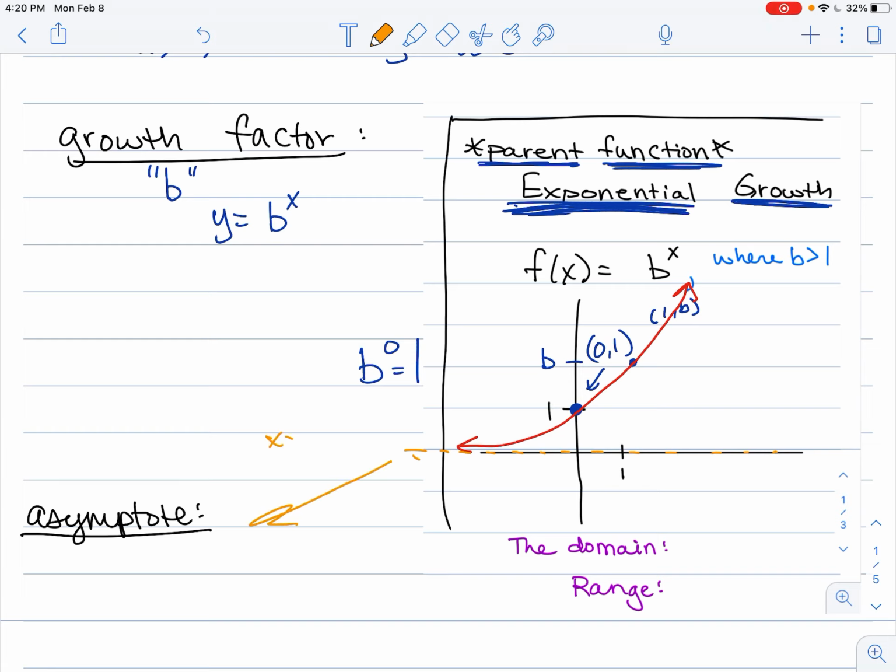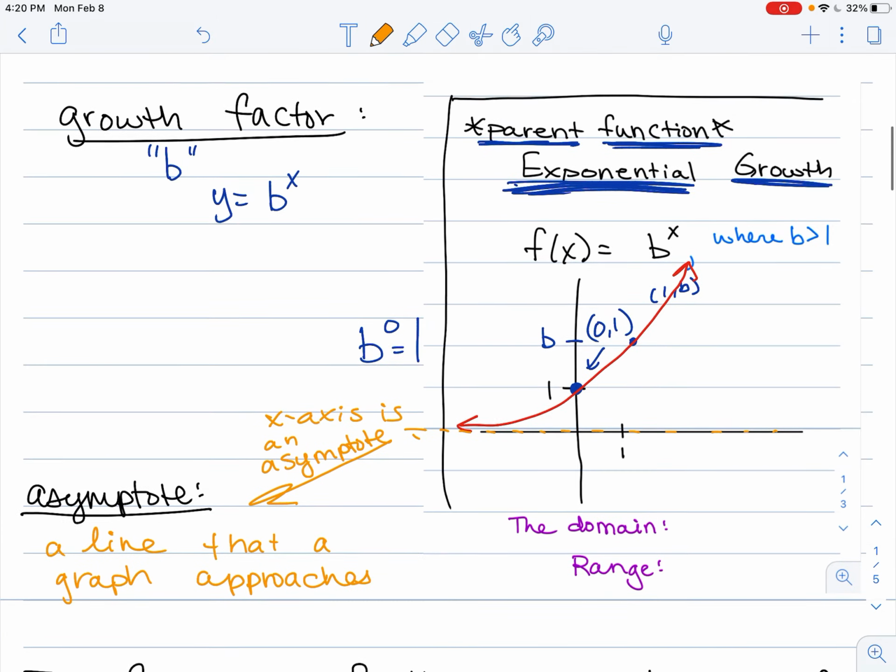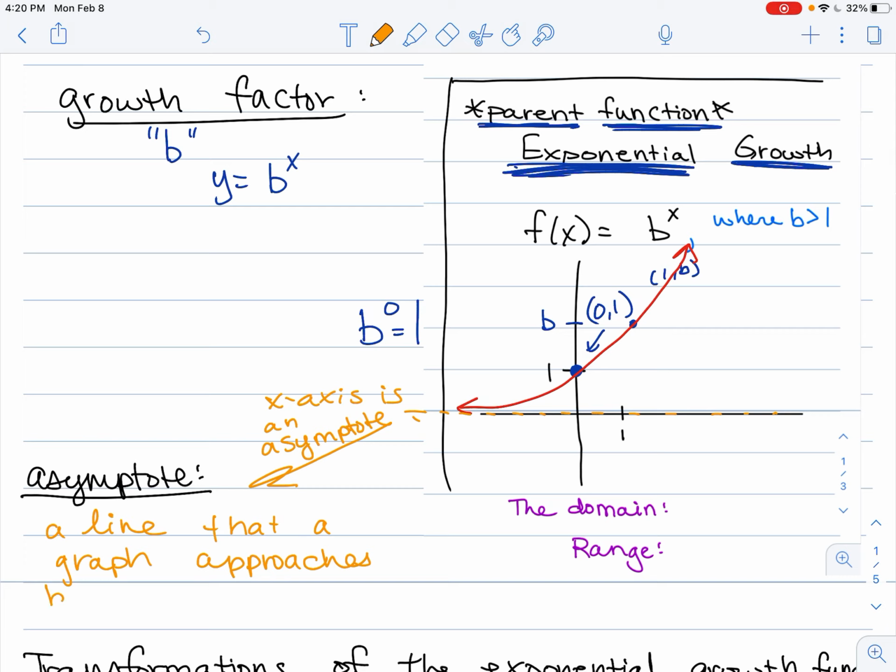So the x-axis is an asymptote. An asymptote is a line that a graph approaches but never crosses.